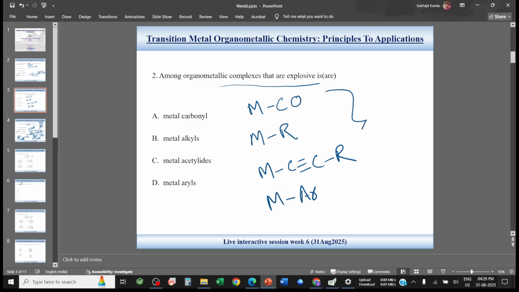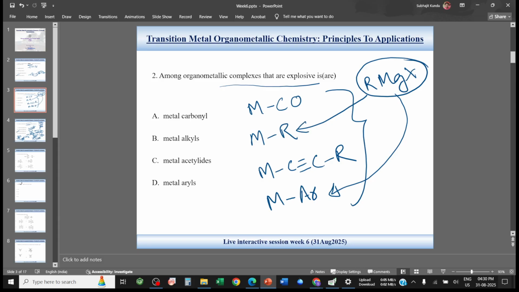We already know that Grignard reagent, RMgX, is non-explosive. So options A, B and D are not possible.